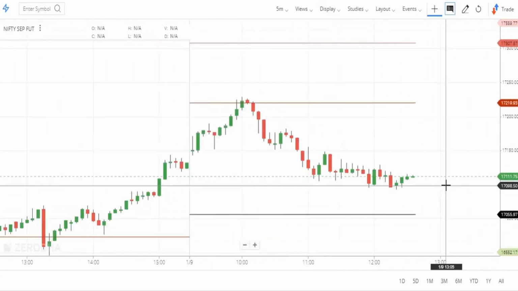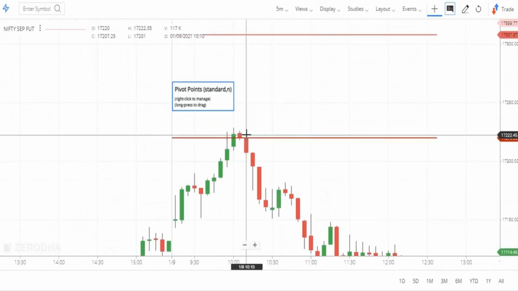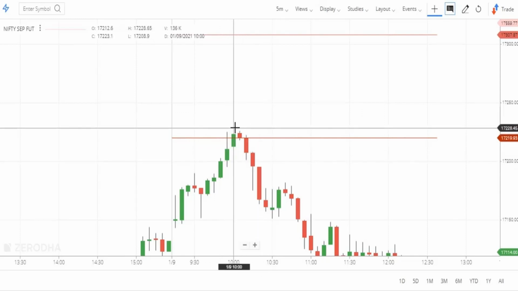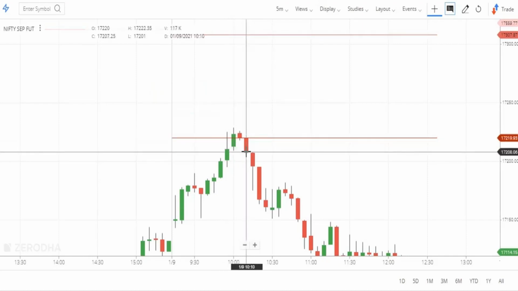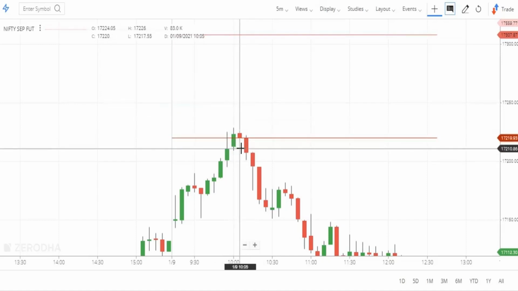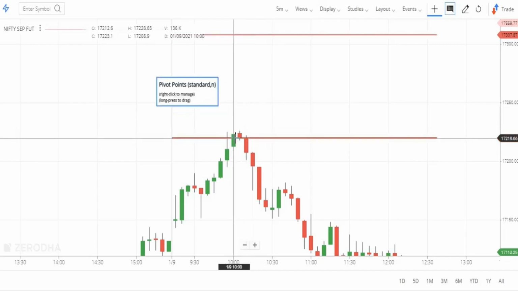Now if you have been understanding what I'm talking about, the multiple confluences and context thing, here we not only had a reversal pattern, we not only had overbought RSI, we not only had stochastic telling us to sell, we also had a pivot point right in front of our face.